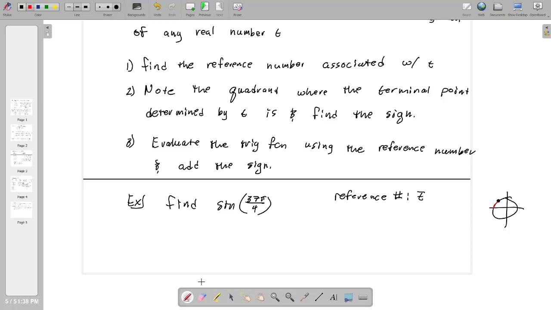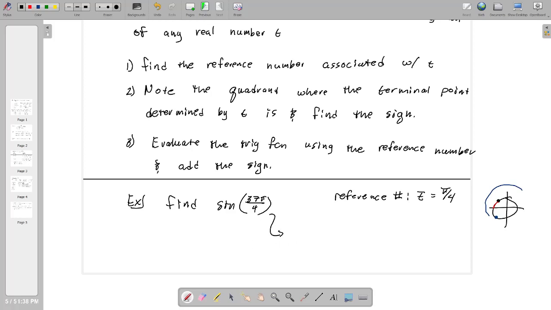Now in this case, t actually lands in quadrant 3. Goes around a few times, but it lands in quadrant 3. The reference number is going to be pi over 4. And since it's in quadrant 3, and we know that sine is negative in quadrant 3, we know that our final answer is going to have a negative.